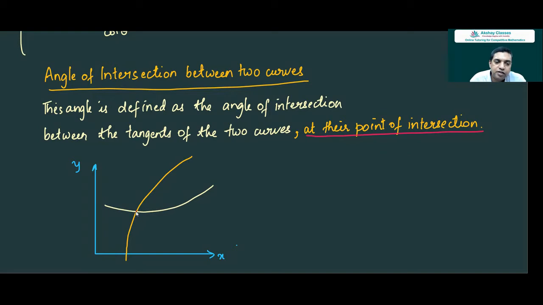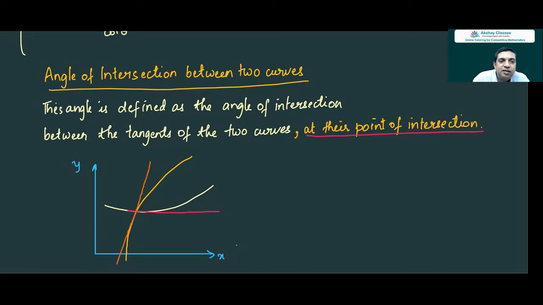So at the point of intersection, let's draw tangents. So this is tangent to the first curve, and this is tangent to the second curve.